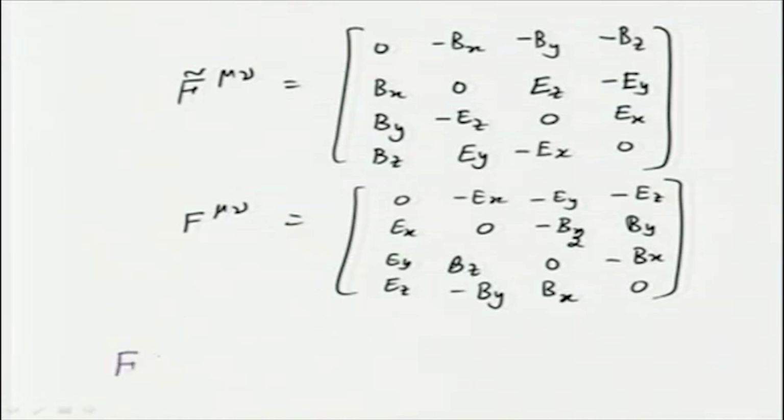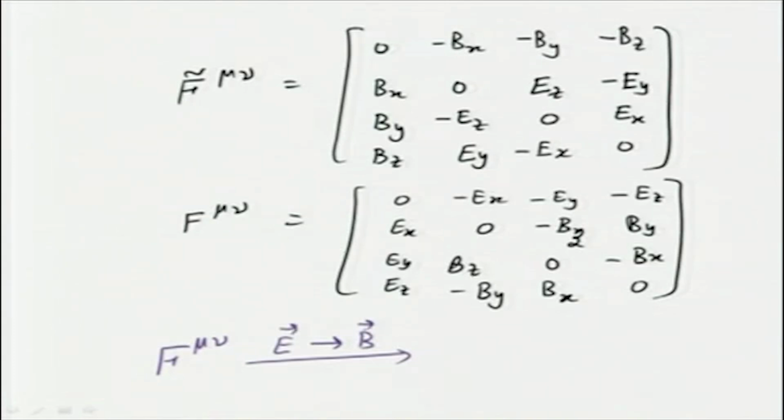F tilde mu nu is obtained, or let us do the other way. You start with F mu nu, change E to B, all the components.